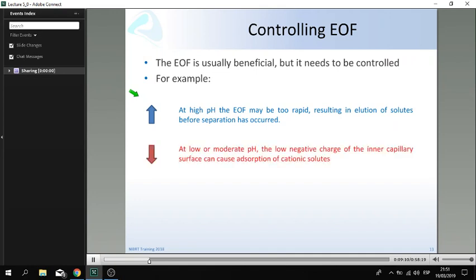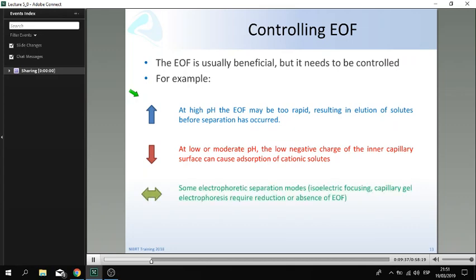The opposite is if we are operating our analysis at really low pH or moderate pH. In this case, our silanol groups will be protonated, so they're not going to be so negatively charged. It can then mean that everything will move so slowly through the capillary that ions can start adsorbing to the capillary surface, which is also not good.